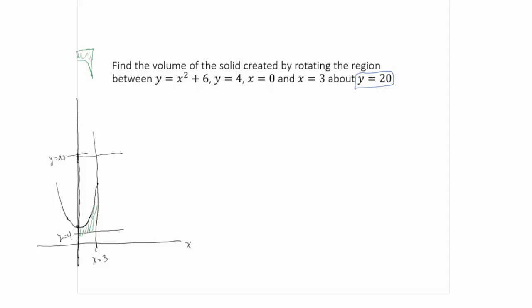And now let me draw my representative disk. So let's draw this disk. And now let's think about, well, wait a second, it's not a disk, it would be a washer.